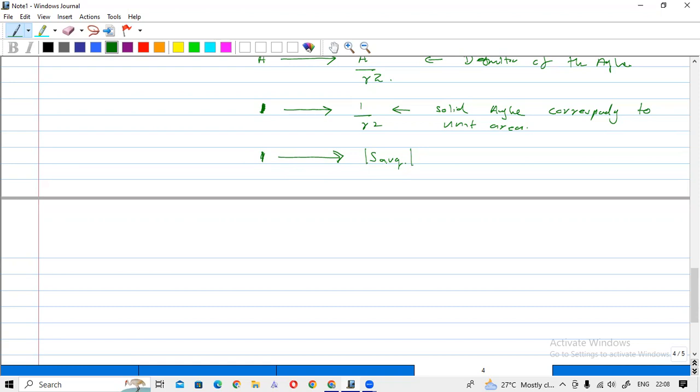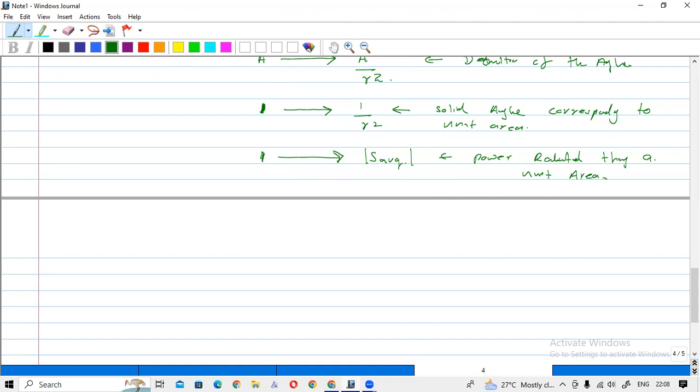If you get the magnitude of the average power density, that is the power radiated through unit area.